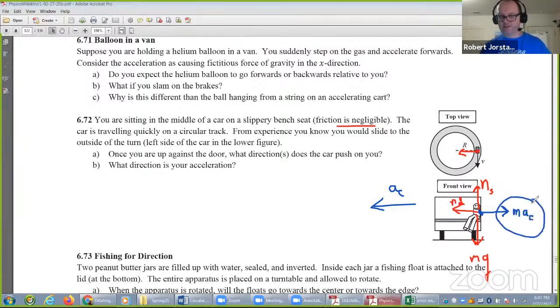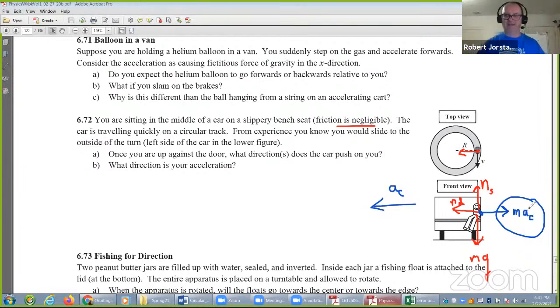So we perceive this force. You feel like you're pushed to the outside all the time. You are not pushed to the outside at all. You are pushed towards the center of the circle, or you would not move in circular motion. I can't say it anymore. It's crazy. You feel this in your body, and that's why it's so hard to believe it. You feel pushed to the outside.